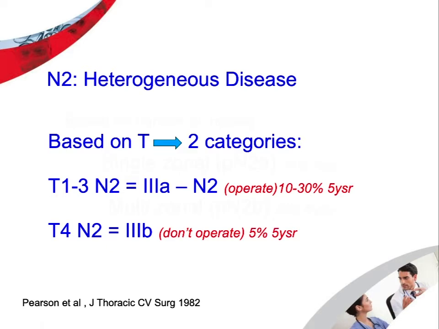The 5-year survival rate is around 20% when the tumor is not T4, and hence the IASLC lumped them together in one prognostic group and called it 3A. Whereas with a bulky primary T4N2, the 5-year survival rate is much worse, at around 5%. Quite a contrast. And the IASLC puts it in a different category and calls it 3B. And the recommendation is not to operate in the latter group.